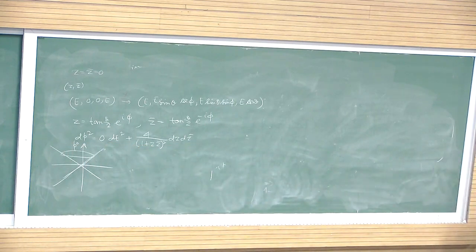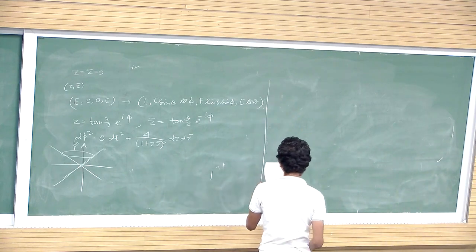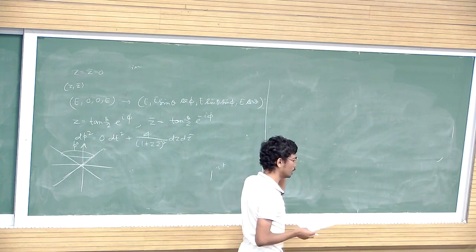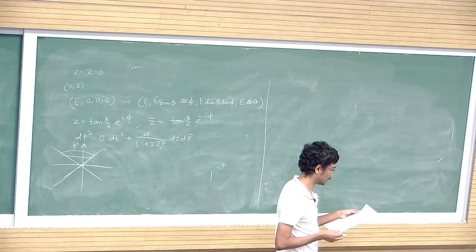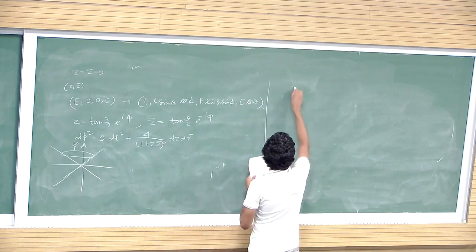So the takeaway message from this is just that for any massless particle in four space-time dimensions, you can always parameterize your massless momentum by this equation.